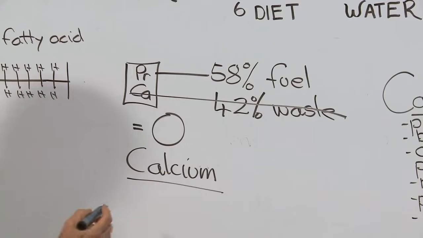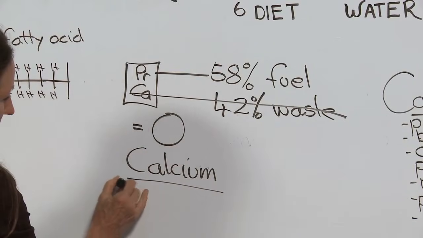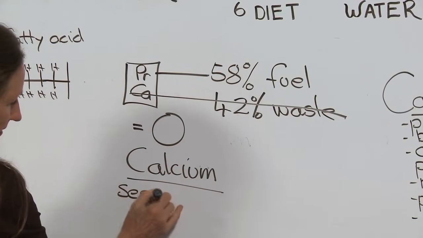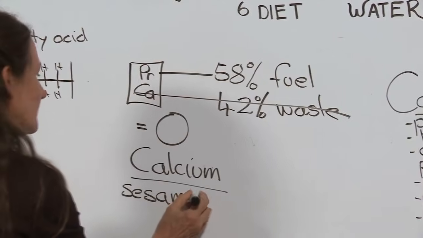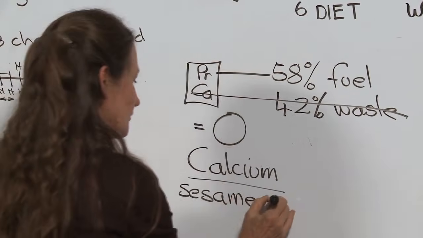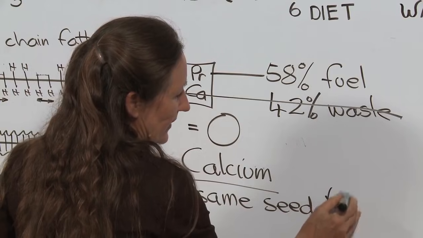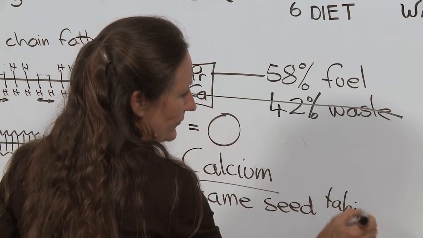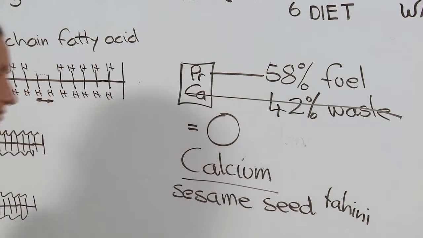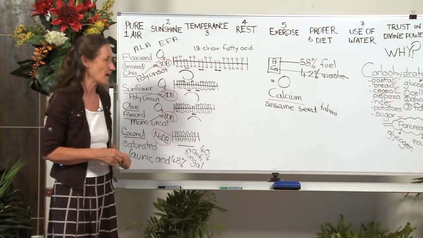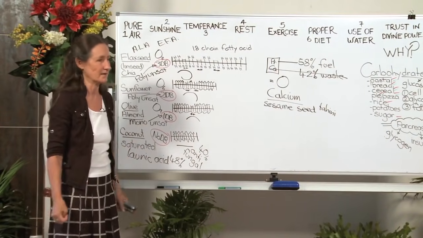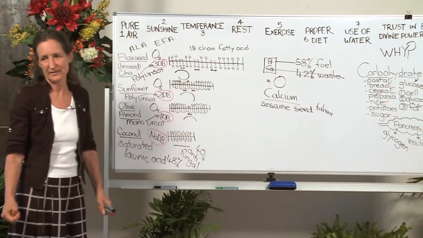Calcium in the vegetarian kingdom, its highest is found in the sesame seed. And a very nice way to eat the sesame seed is as tahini. At Misty Mountain Health Retreat, we do quite a few dressings and sauces that contain tahini. If you look in Lebanese food, their baba ganoush has tahini, their hummus has tahini.